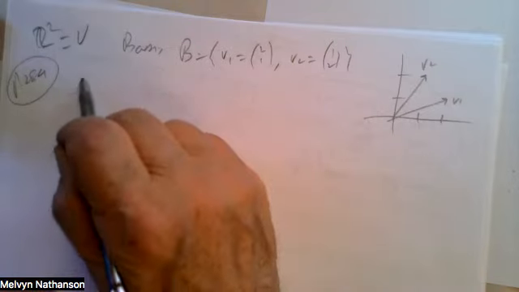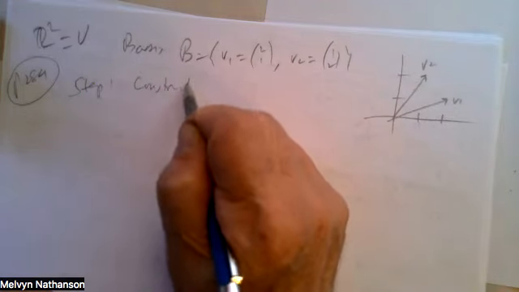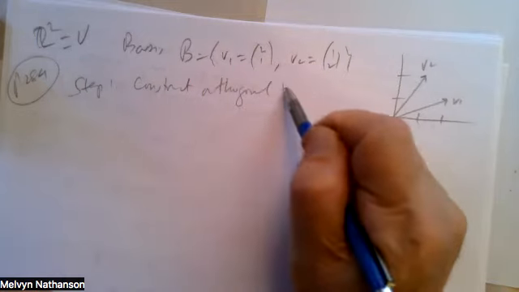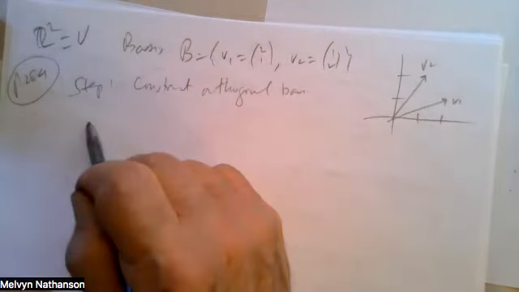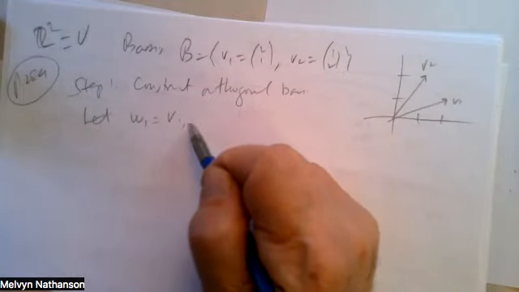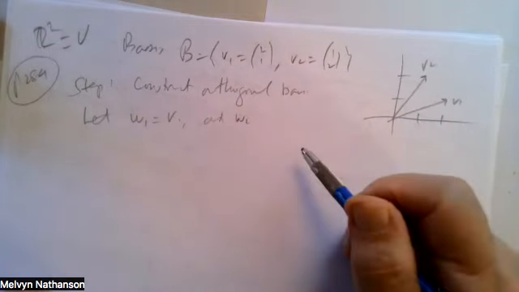So first I want to construct an orthogonal basis from this. Step 1, construct an orthogonal basis. So I want to let W1 be equal to V1. And what is W2 going to be?